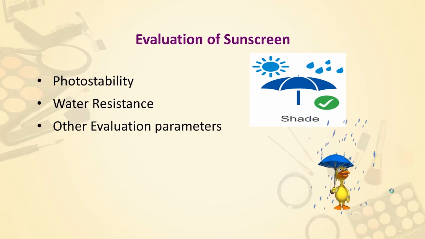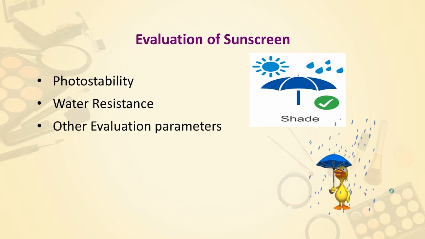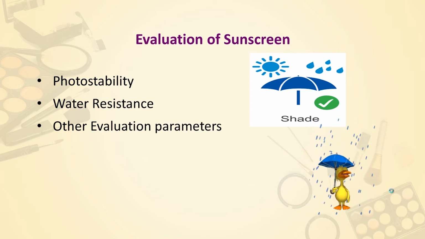Now, evaluation of sunscreen product. Photo stability and water resistance are two important evaluation parameters along with the other general evaluation parameters for cream and lotion. Photo stability is important because the sunscreen product should itself be stable when exposed to sunlight.